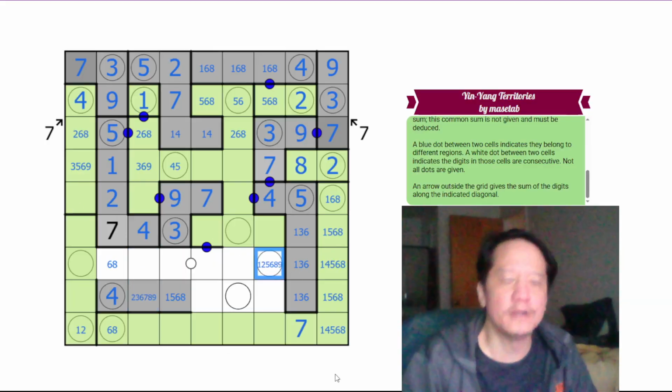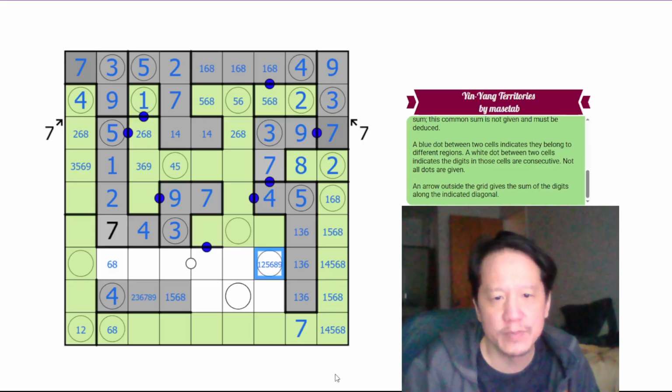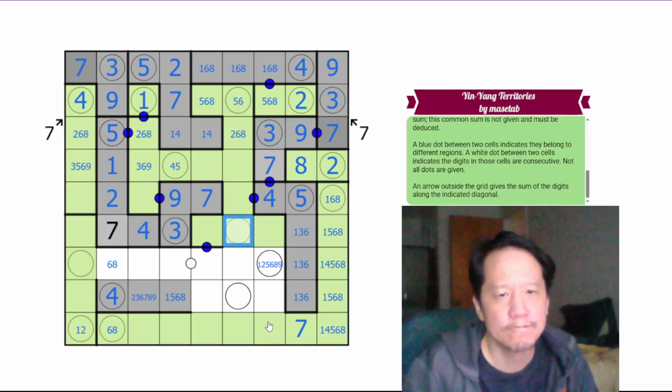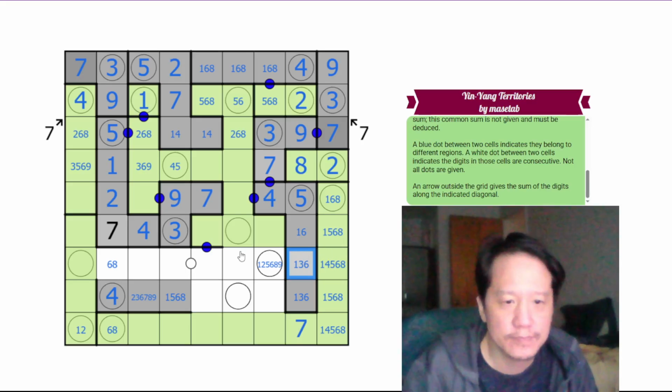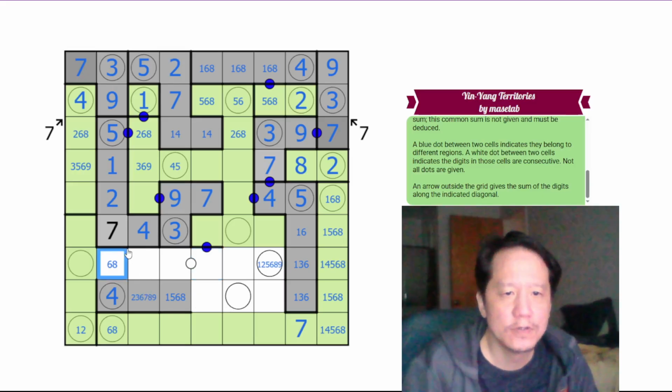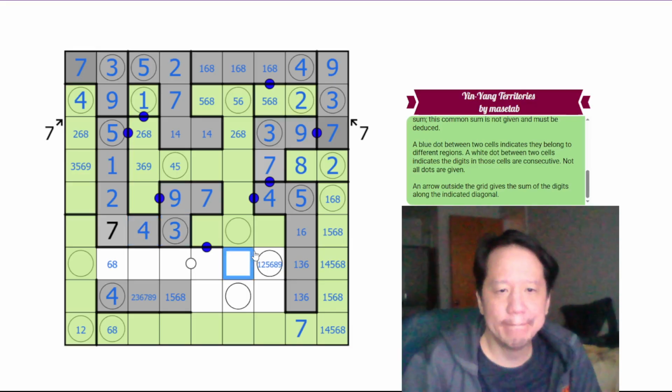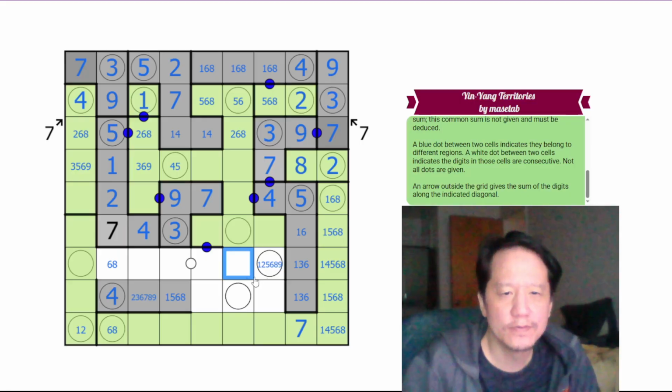Can this be unshaded? Maybe. This 3 eliminates 3 in the rest of the row. Where else do we go from this?